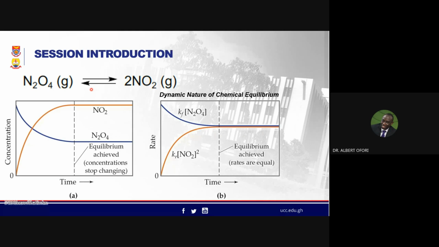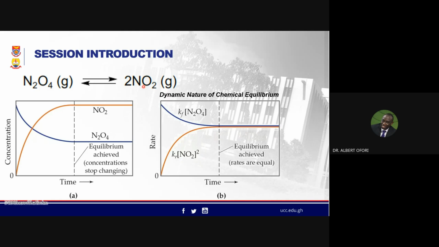Now, when we are writing the rate law, if you remember, R should be equal to the rate constant times the concentration of the reactants. So if you reverse it, then this one now becomes the reactant for the reverse reaction. So the rate of reaction will be R equal to K reverse times the concentration of this.